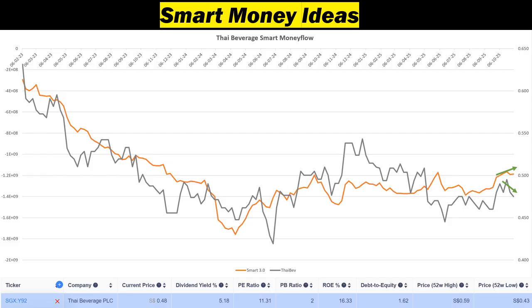So as of now, there is still some chance to trade these Thai Bev shares, and possibly this downward correction is an opportunity to add in some position. And as long as the orange line, the smart money, continues to push higher, Thai Bev will continue to be on this buy watch list.